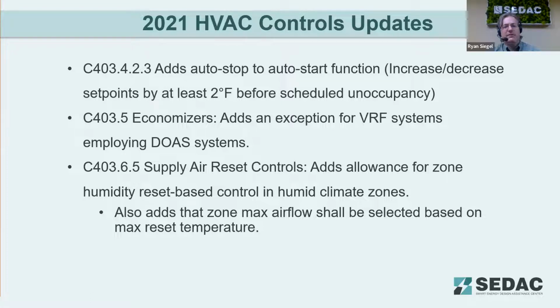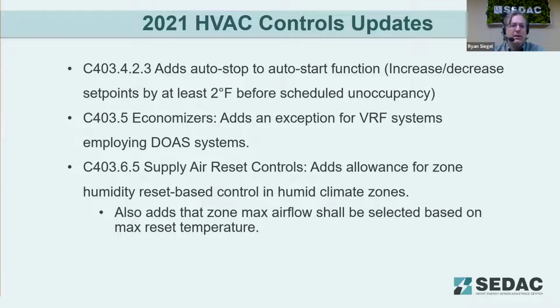So there are some additional exceptions for economizers for VRF, utilizing dedicated outdoor air systems. This is something we have had several questions on over these last couple of years, saying, hey, how do we handle economizers with VRF? Because VRF generally has very high efficiencies. The code is kind of recognizing that and allowing some exceptions to avoid having to add economizers where it's really difficult to do.